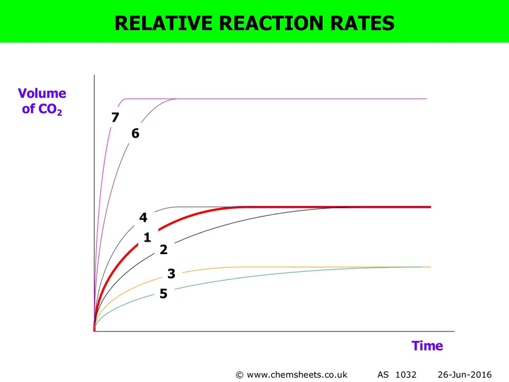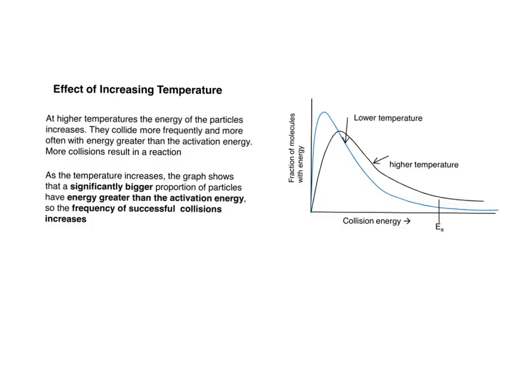If you're confident with those issues, then we can move on to the next slide, which just refreshes the effect of increasing temperature on the rate of reaction. So we start with the blue curve, which is at a lower temperature, and we're then going to increase the temperature. Now when we increase the temperature, the maximum gets shifted to the right and is lower. That's the most probable energy.